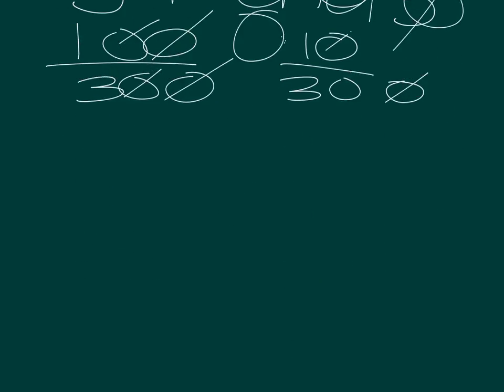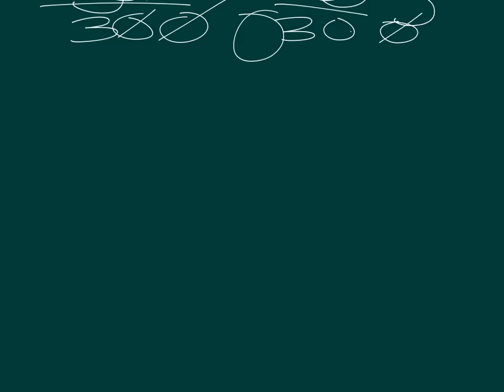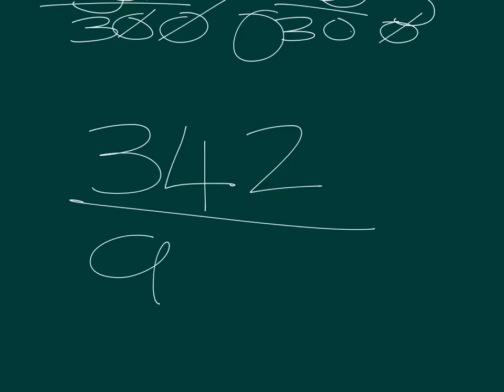Another tip is, if you get a number, and I will try and think of a number, like 342 over 900, and you think, what the heck am I going to do now?